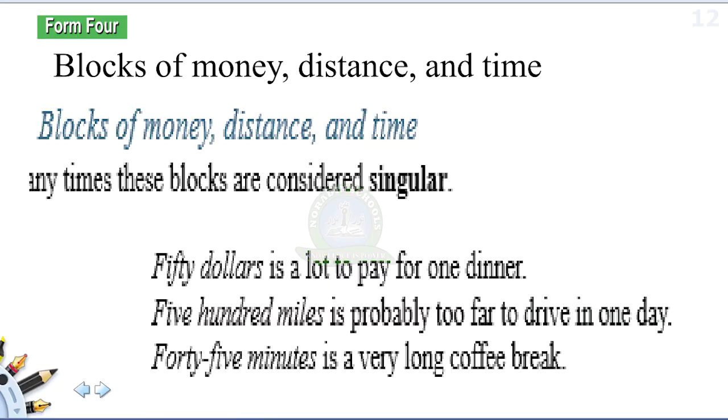Blocks of money, distance and time. Some people get confused when they use money, distance and time in terms of subject-verb agreement. They think that this is plural. So with blocks of money, distance and time, many times these blocks are considered singular.